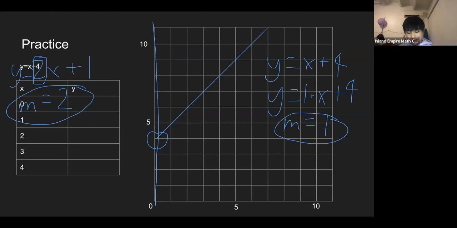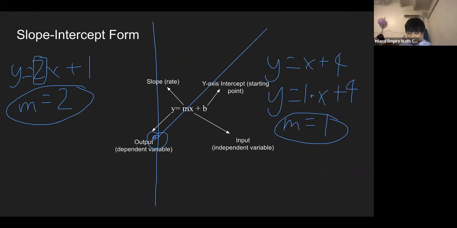This actually helps us draw graphs in the future. All we need to do is start out with this point, which is automatically going to be what we called before, b. Okay, no pun intended.